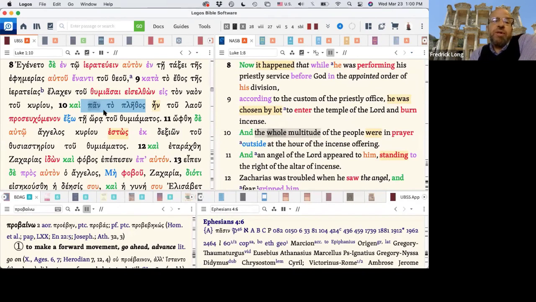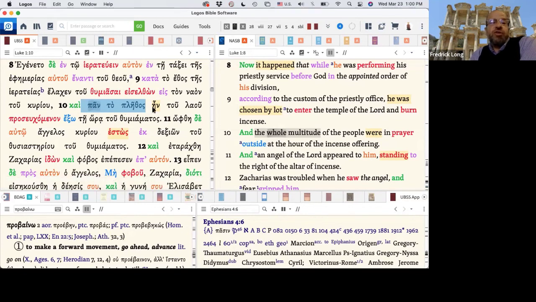Usually you'd want a verb to come first, but there's some stress here, because usually in sentences you start with older information and then you introduce newer. Well, this is new information put at the front. It's also stressed with the pan, all the multitude.